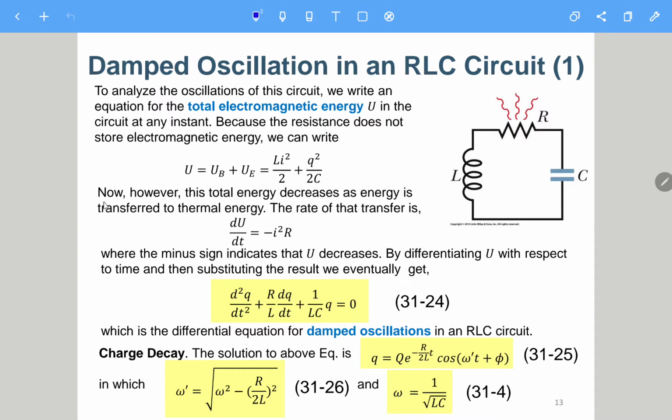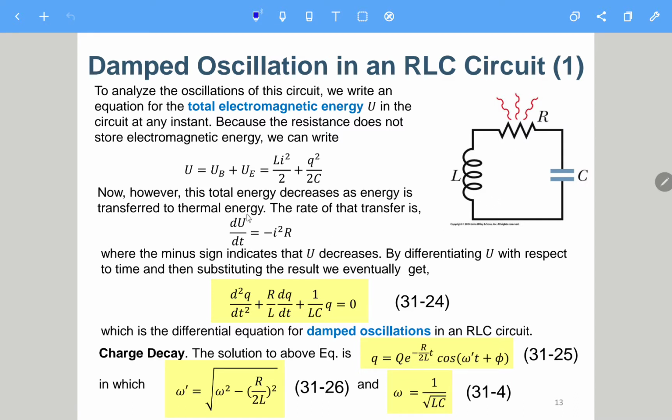But the difference now is that the total energy decreases as energy is transferred to thermal energy, because here we have the resistance. So there will be power dissipation, or energy dissipation, over this resistor. The rate of this transfer is dU/dt equals negative I square R.